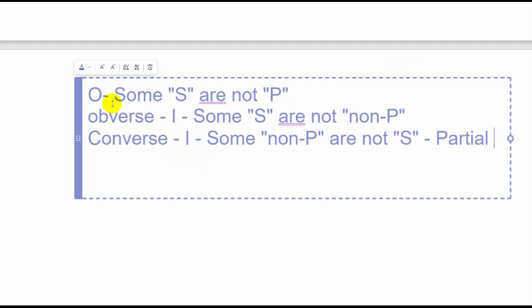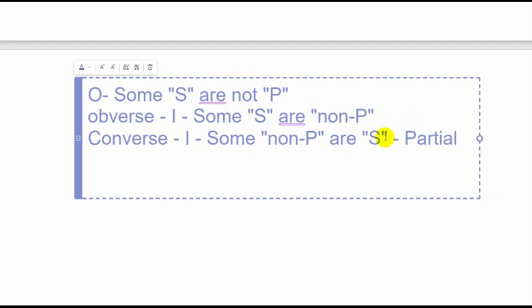Let me go through this once again. So obverse is, okay, we made a mistake here. For the I proposition the "are not" will go away, because now we are converting it into I proposition. So from O proposition, we are converting it to the I proposition, which is "are". So some S are non-P, and the converse of that would be some non-P are S. So this is an I proposition.